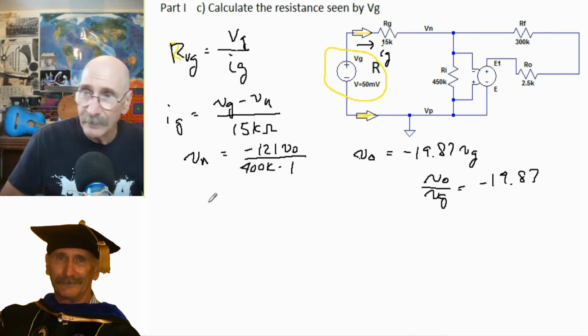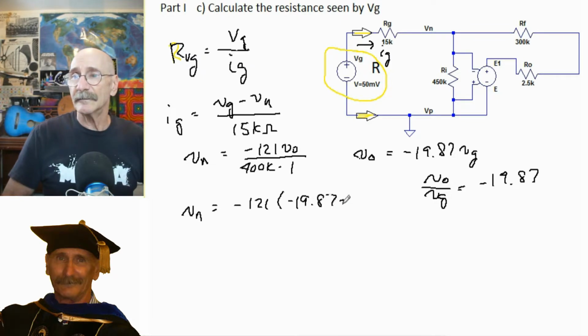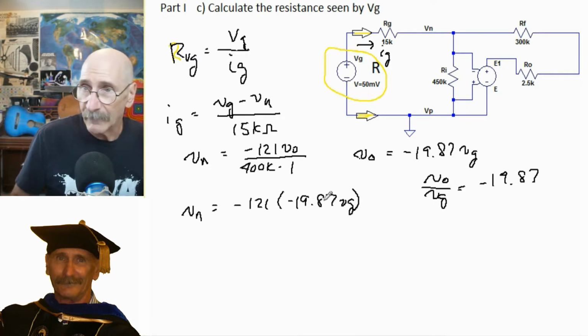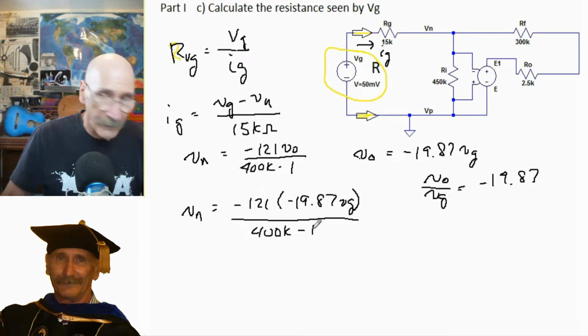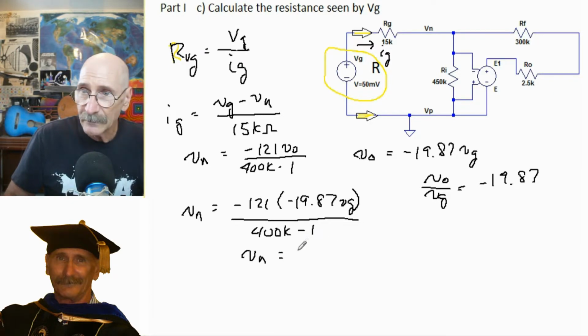We have then V sub n equals minus 121 times minus 19.87 VG divided by 400,000 minus 1. And from that we get V sub n is equal to 0.006 VG. So now we have that relationship.